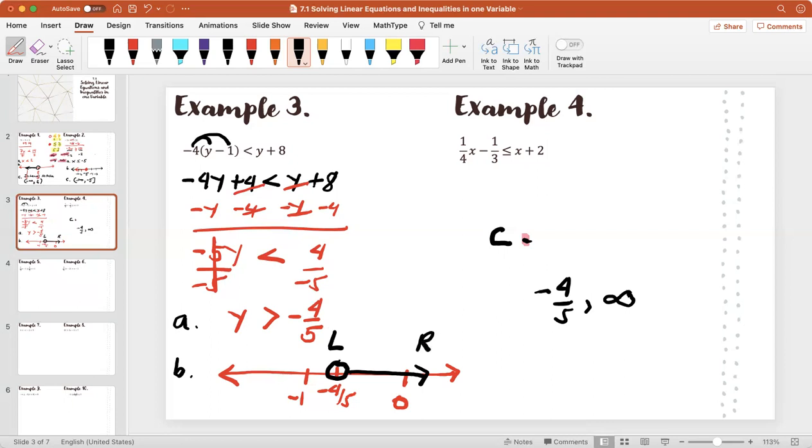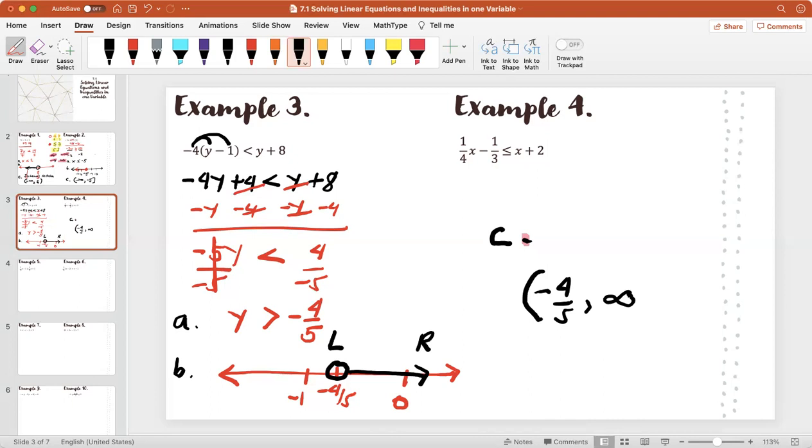What's the left member of your interval? It's negative 4/5. What's the right member of your interval? It's positive infinity. So we have to use open and closed symbols. Negative 4/5 is an open bracket, or open parenthesis. How about infinity?